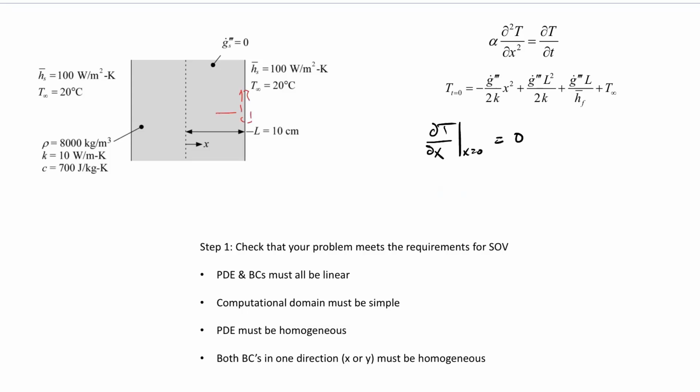So we have heat flowing this way, heat flowing this way. If I match my arrow direction, we have conduction, which is minus k times the partial with respect to x at x equals L, equal to h bar times T at x equals L minus T infinity. Those are our two boundary conditions.